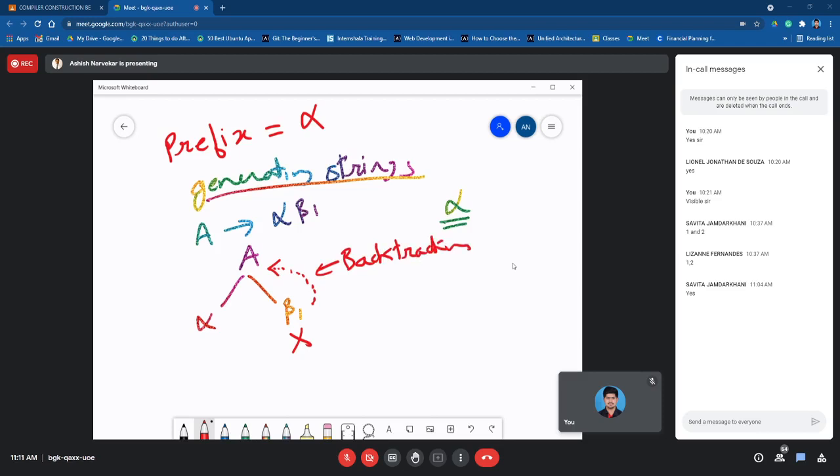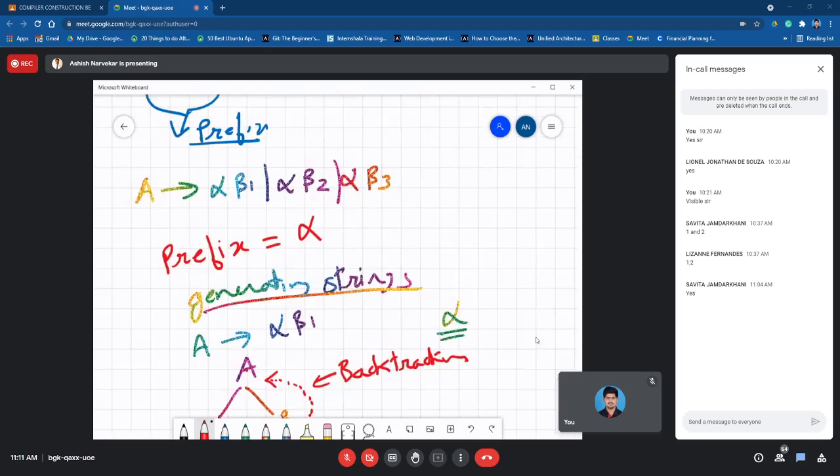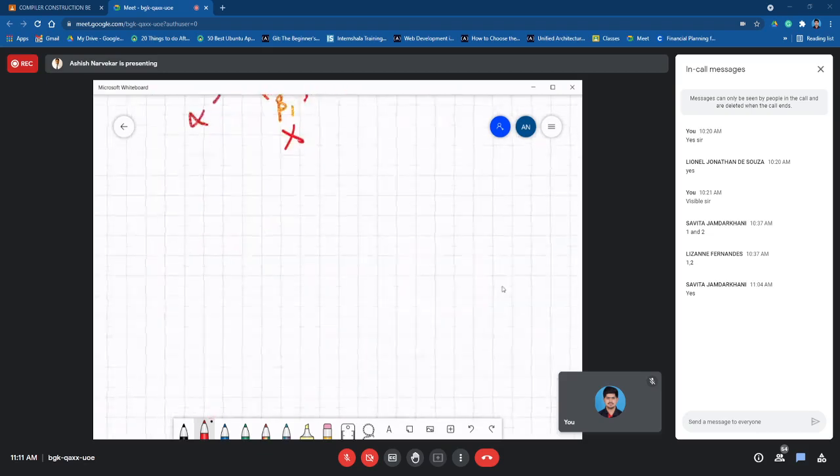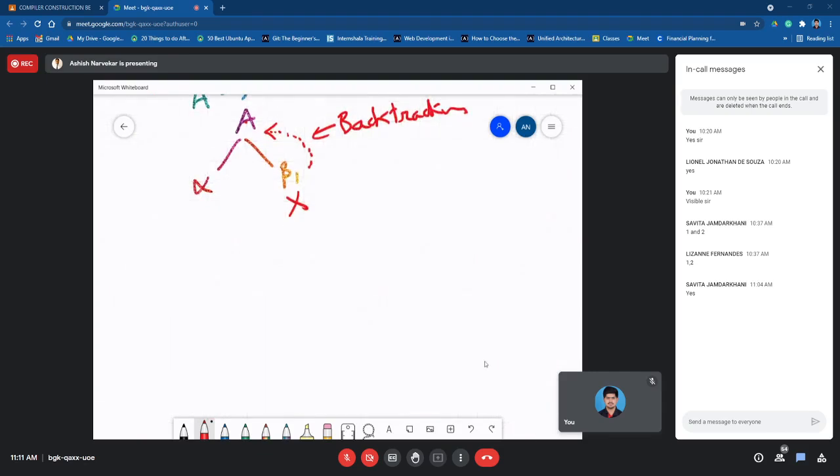Backtracking means since it is not the required beta, not the required symbol or set of symbols, we have to backtrack, go back to the variable, in this case. Then we'll have to look at the next production. The next production says A derives alpha beta 2.